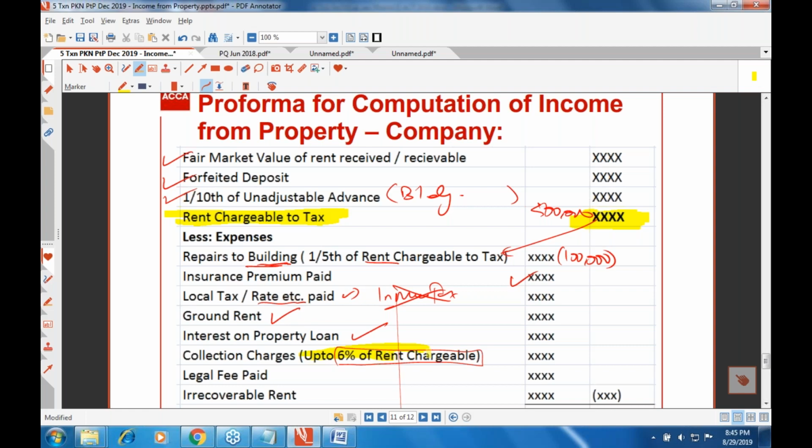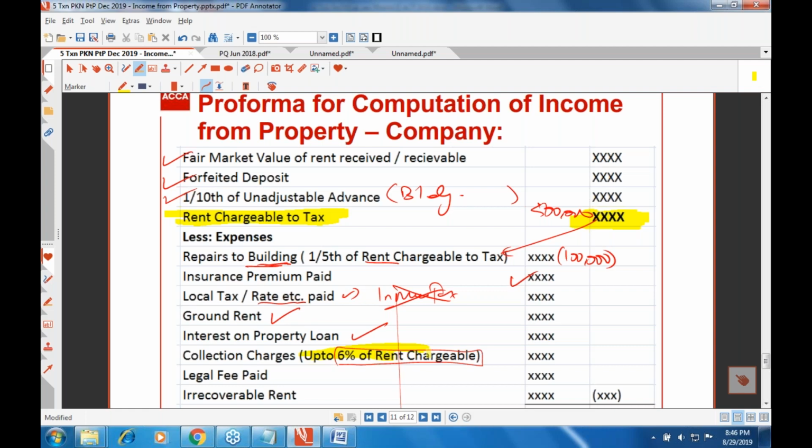You may have kept one or two persons for the recovery, you may be incurring expenditure on somebody who's operating emails, somebody who is doing calls, somebody who is visiting the premises, etc. You can have several expenditures with respect to the collection of the rent. The law says that a company can claim the collection charges up to 6% of the rent chargeable. Irrespective of whatever expenses that you have incurred, the only thing that you can claim is 6% of the rent chargeable.